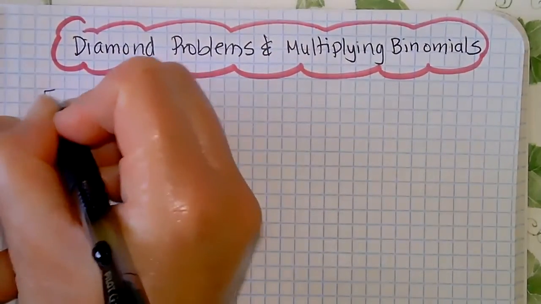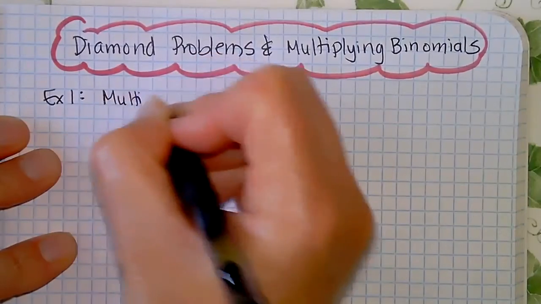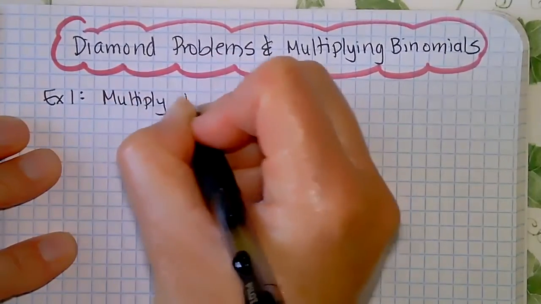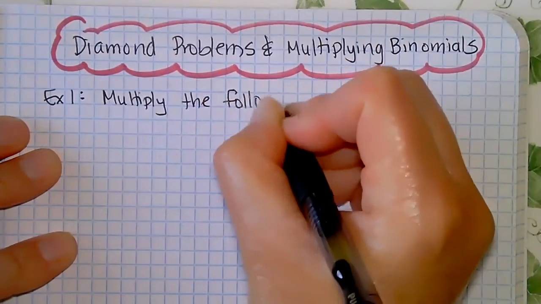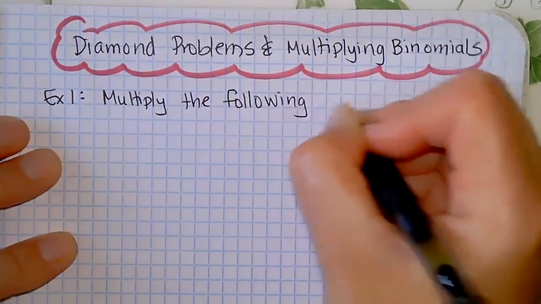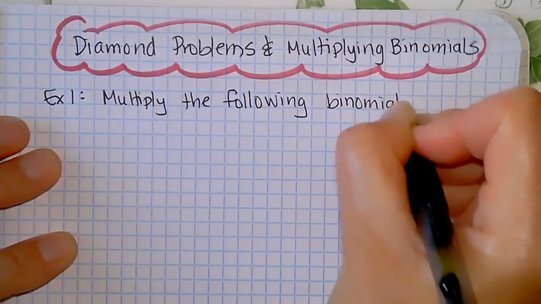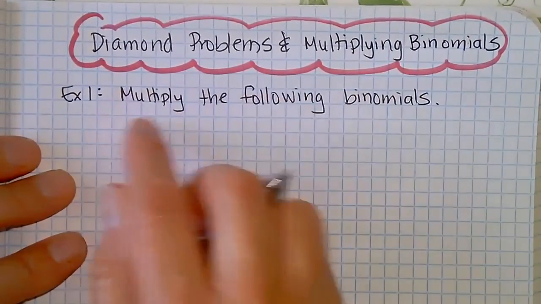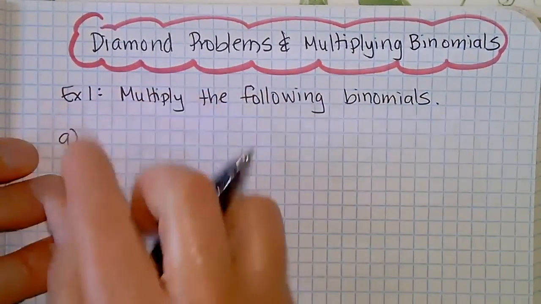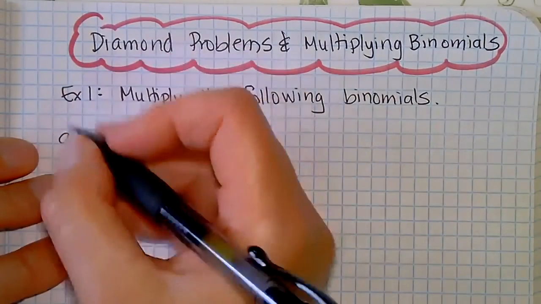Okay, so example 1, multiply the following binomials. I'm going to have 4 of them. I'm going to write 2 and then 2 again and give some space for us to do our work.